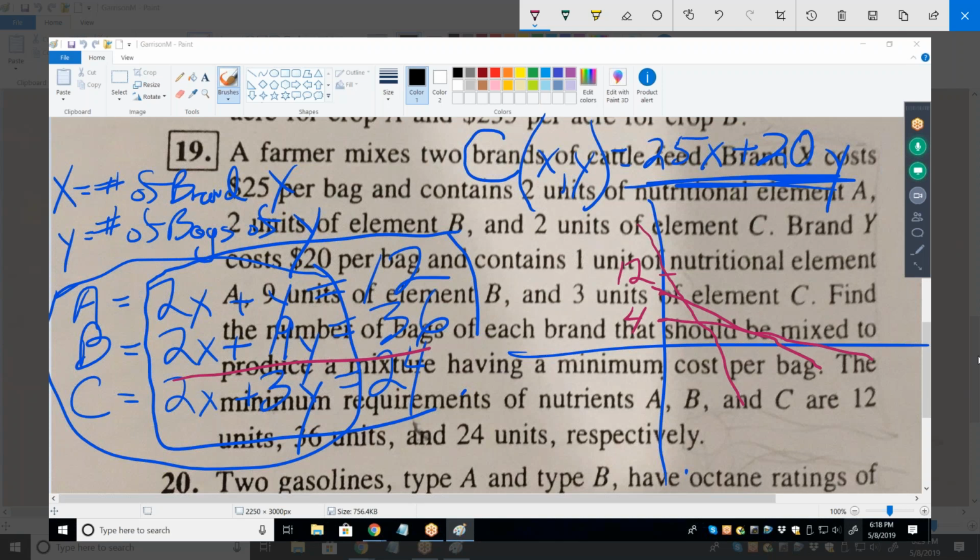Now, I believe we have these intersections. Here's our vertices. There's one. There's another. There's another, and there's another. Cross out that first one. That's not a vertex, not according to my drawing.